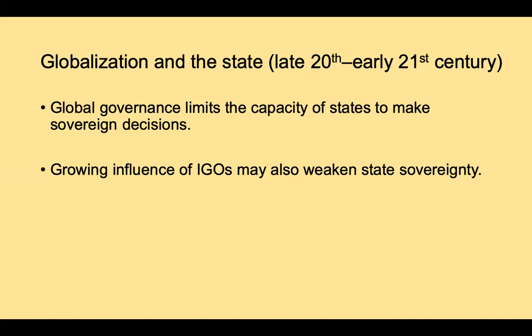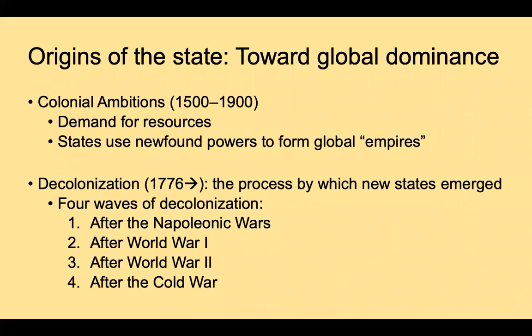So globalization presents the state with all sorts of challenges, and states are emerging and developing in fundamentally different contexts as a result of globalization. Even while it's still the case that globalization was a characteristic of earlier eras, the fact that states are so much more involved in society and the economy these days means that globalization is much more consequential.